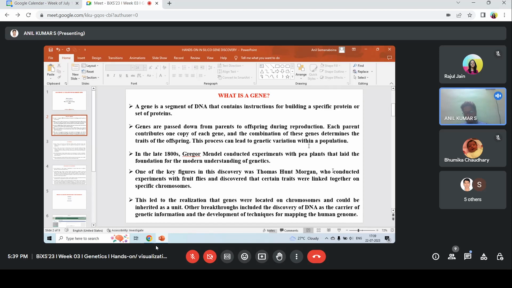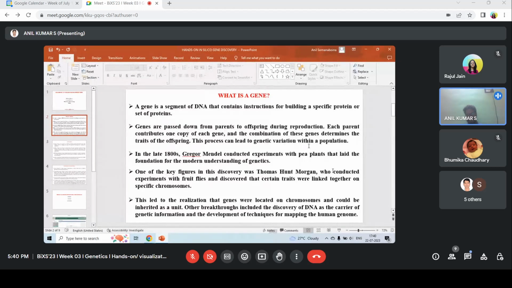The background of this story of genes started way back in the year 1800, when Gregor John Mendel, who is considered the father of genetics, started working on Pisum sativum, the garden pea plant, where he performed crosses and came to know that some traits, as we called them at the time, these days we call them characters, pass from one generation to another. And until 1900, no one approved his theory.